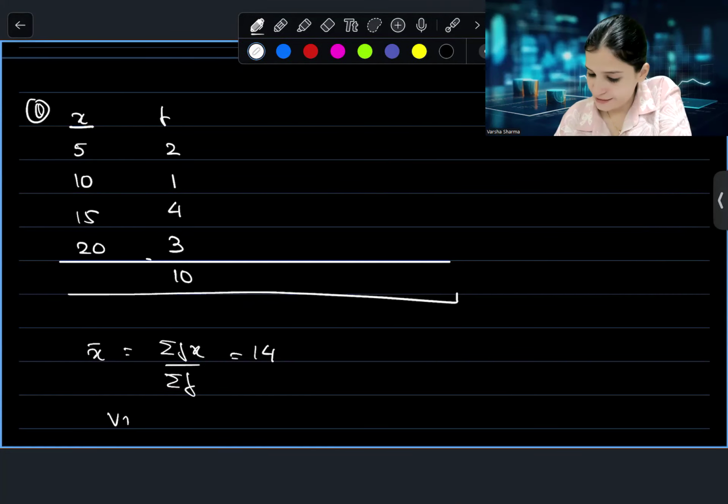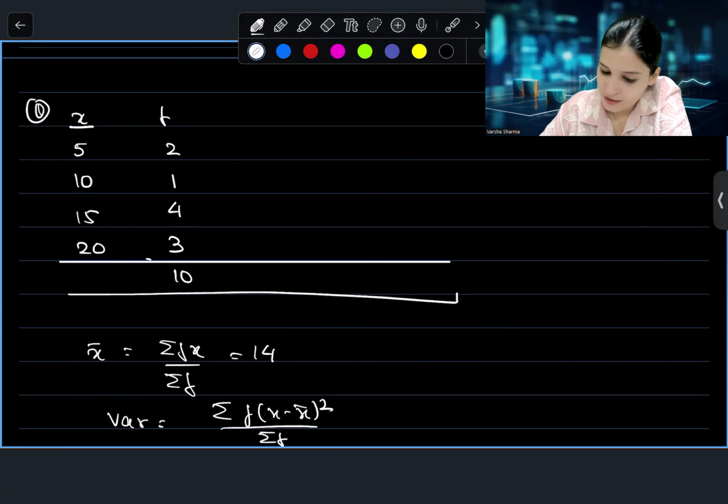Now, to find variance, summation f into x minus x bar square by summation f, which is 10.